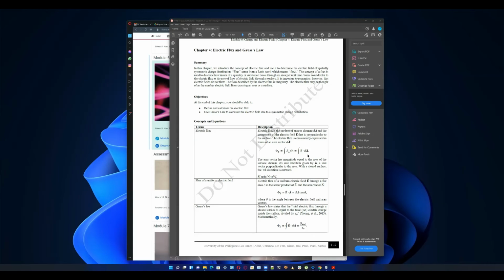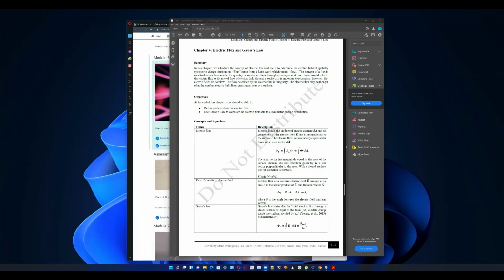For a uniform field, the integral of dA, if you add all the small parts of the area, gives you A. But since we only take the perpendicular part, you get A cosine theta, where theta is the angle between the surface and the electric lines, which are actually parallel, the component of the area parallel to your E. Okay?